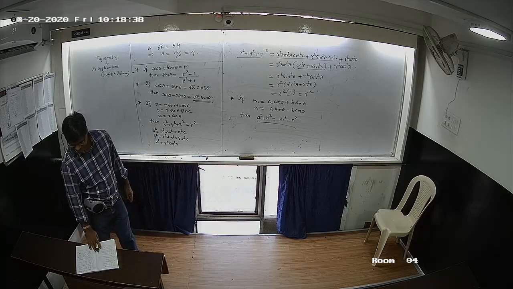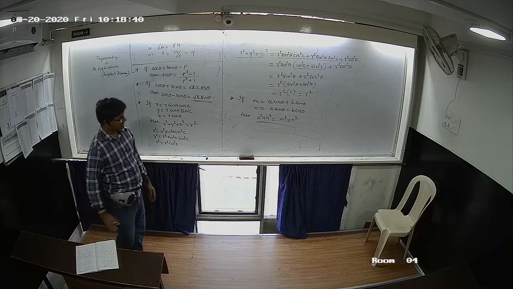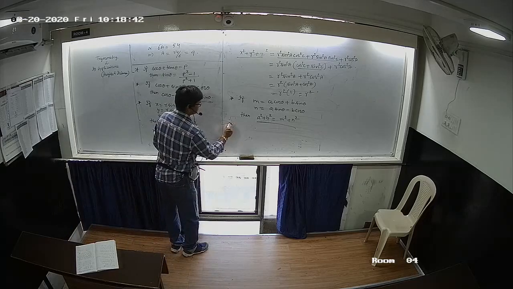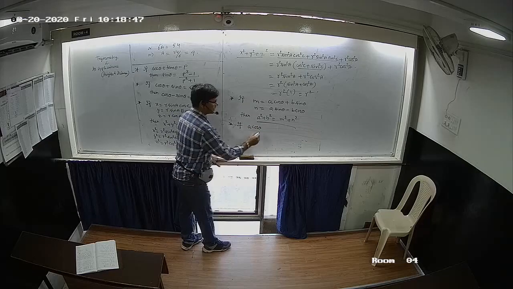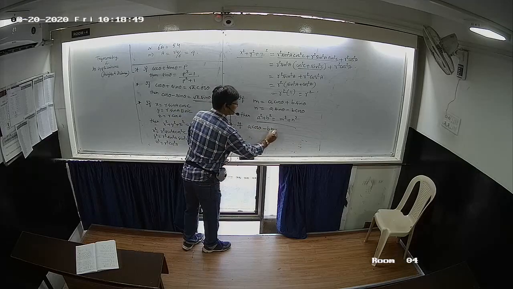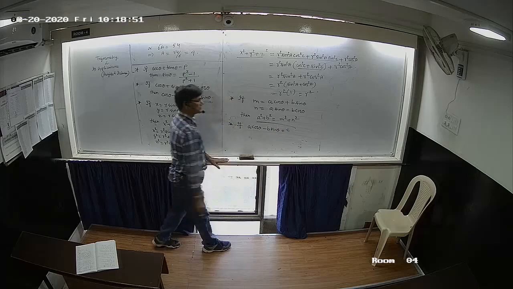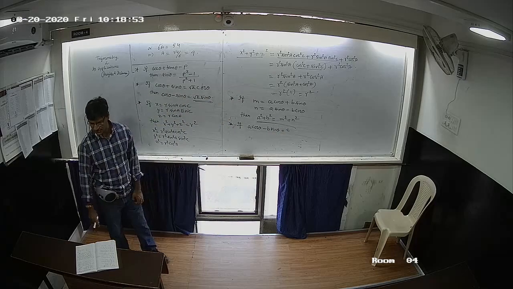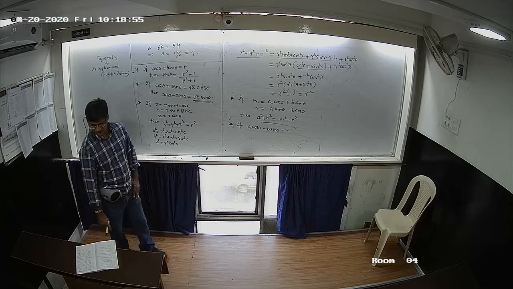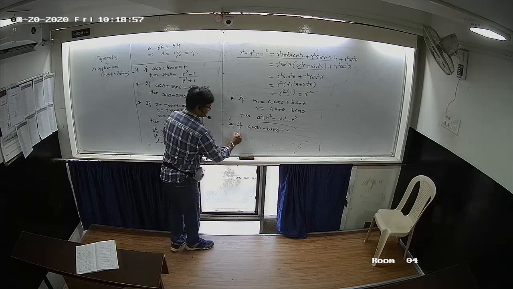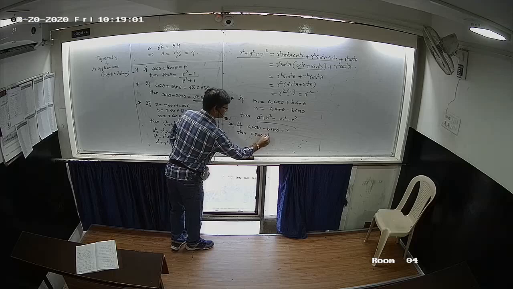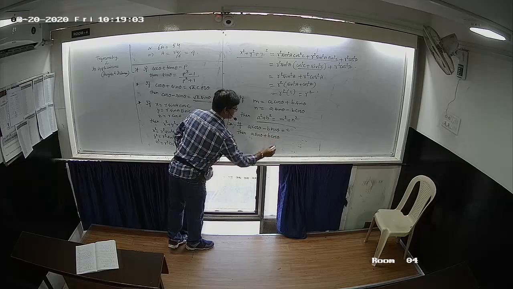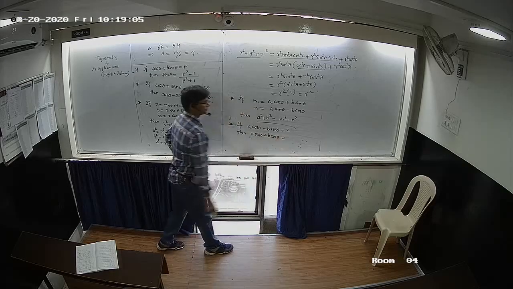Another result: if a cos theta minus b sin theta is equal to c, then a sin theta plus b cos theta will be equal to how much?